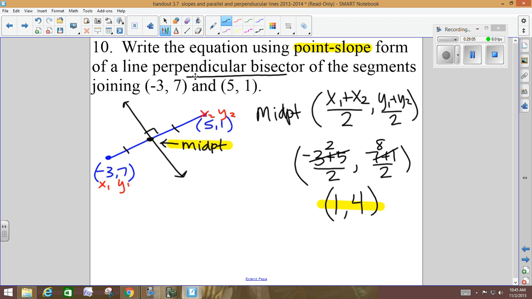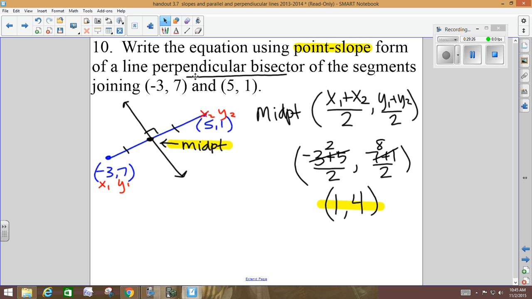But I have to figure out what slope I want to use. What do you think? Well, what kind of lines are they? Not just the reciprocal, the opposite, because they're perpendicular.